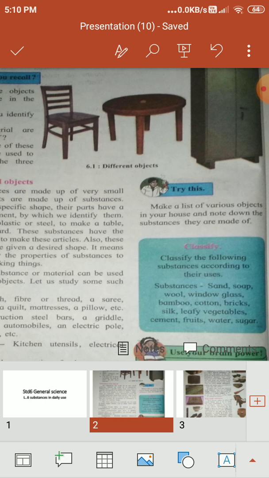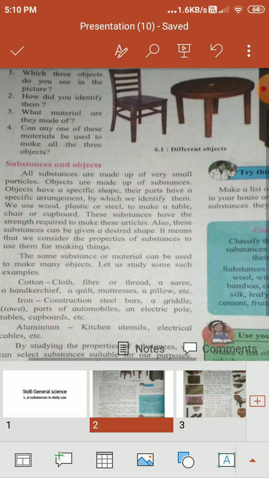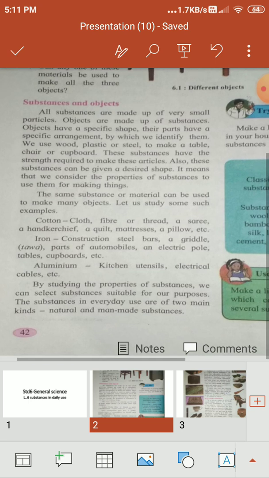For example, cotton is used for cloth, fiber, thread, sari, handkerchief, mattresses, quilt, and pillow. Iron is used for construction, steel bars, griddle, that means tawa, parts of automobiles, electrical poles, table, cupboards, etc. Aluminium is used for kitchen utensils and electrical cables.